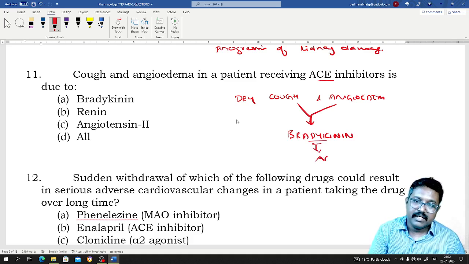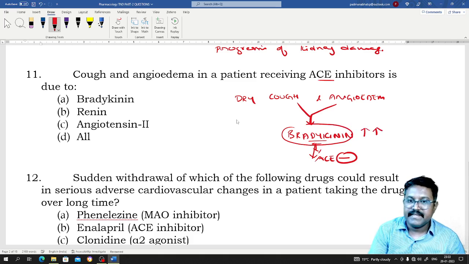This ACE enzyme is required for breakdown of bradykinin. So you are inhibiting it here. So what happens to the bradykinin levels? Bradykinin levels will go up, and this is responsible for cough and angioedema. Is that clear? Fine.